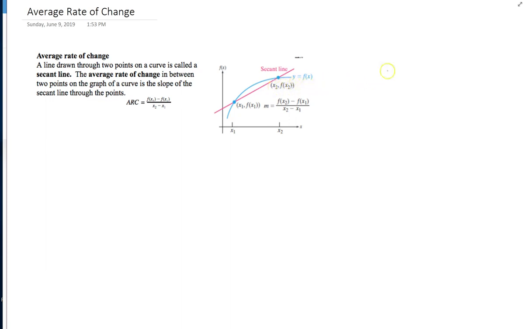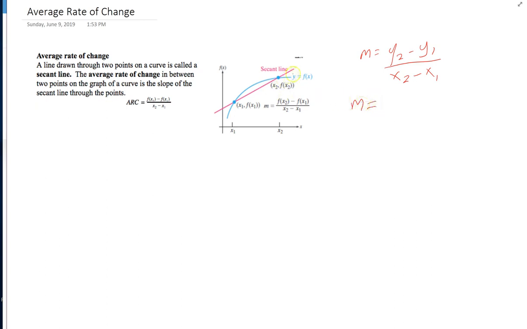So we're coming from the slope. Remember, we had slope m is equal to y sub 2 minus y sub 1 over x sub 2 minus x sub 1. This line we call a secant line that cuts the curve, the blue curve. So we want to find the slope of the secant line.